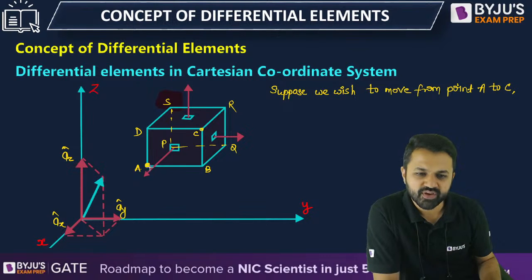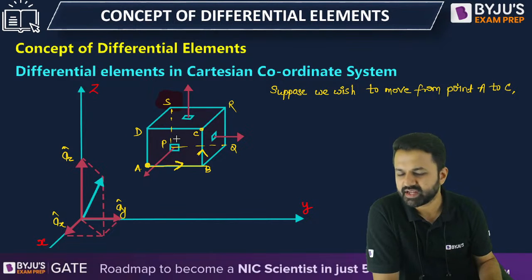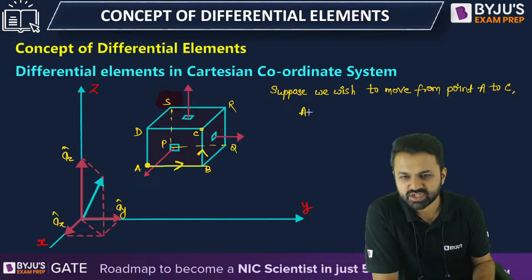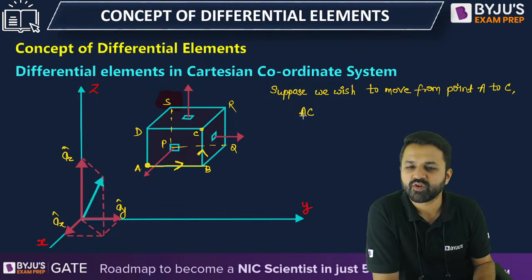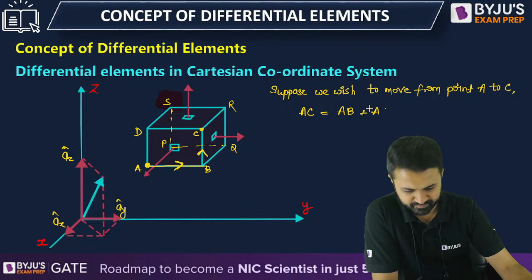You may be following A to B and then B to C. There may be another path also, but I am considering A to B and B to C. Because we want to go from A to C, we are following the path AB and then moving BC.